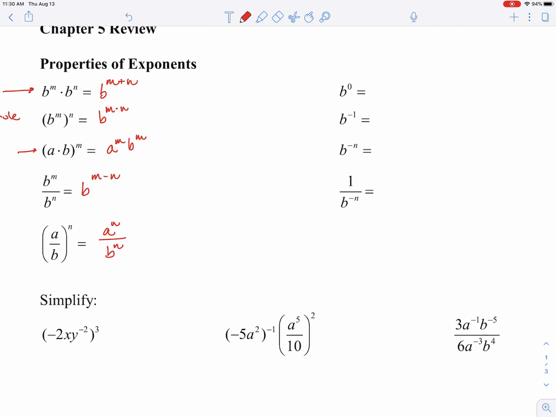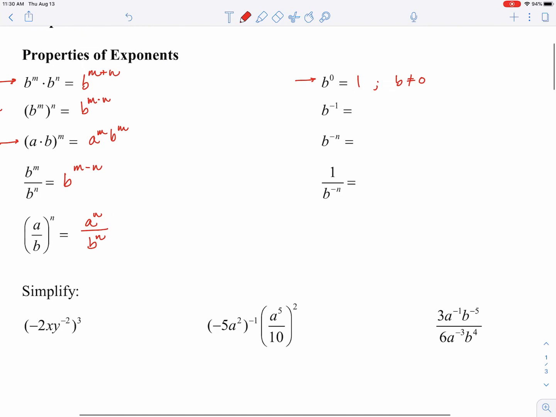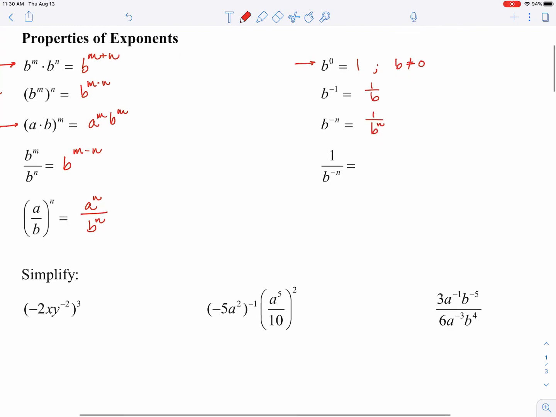B to the 0 over here on the right side is equal to 1, provided b is not 0. B to the negative 1 power is 1 over b. B to the negative n is 1 over b to the n. And 1 over b to the negative n is b to the n.